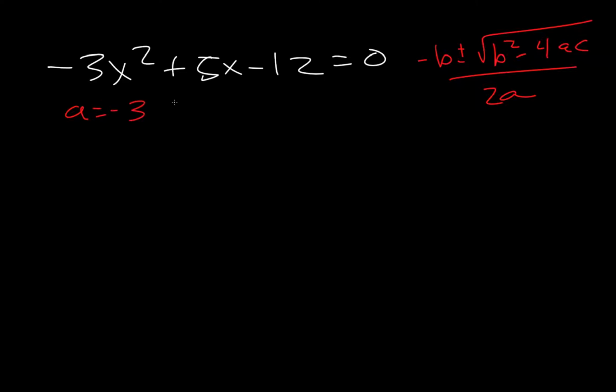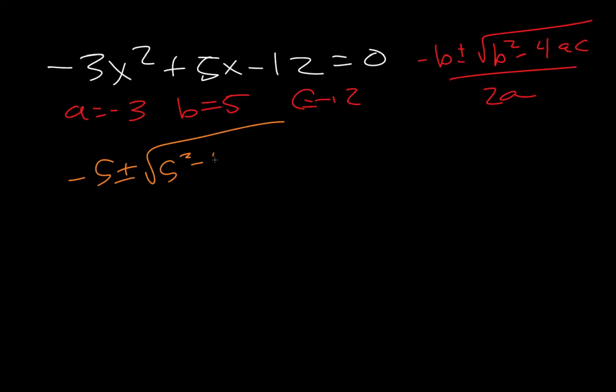A is -3, b is 5, c is -12. Plug that in. -b is -5. b squared would be 5 squared minus 4 times a times c all over 2 times a. So a is -3, c is -12, and then a once again is -3.